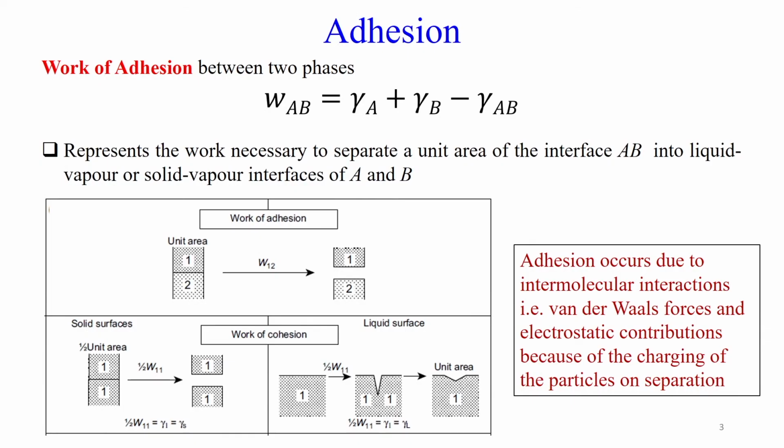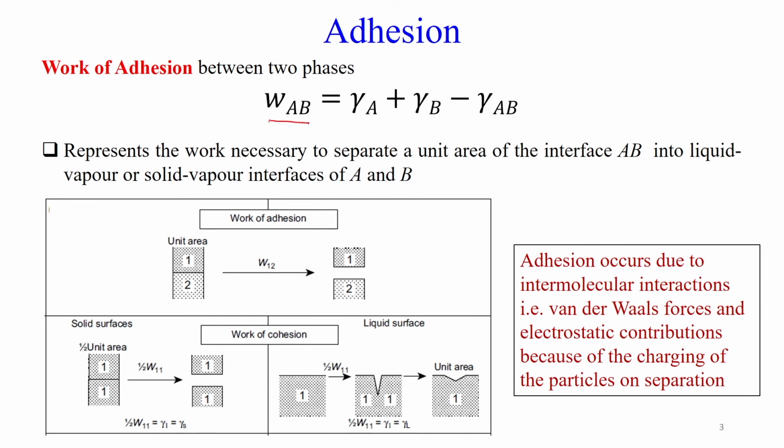Then we will quickly see how this intermolecular interaction during cohesion and adhesion takes place, particularly in terms of work of adhesion and surface tension or surface energy. Then we will see examples of particle-particle interaction and particle-surface interaction, considering the presence of van der Waals interactions.